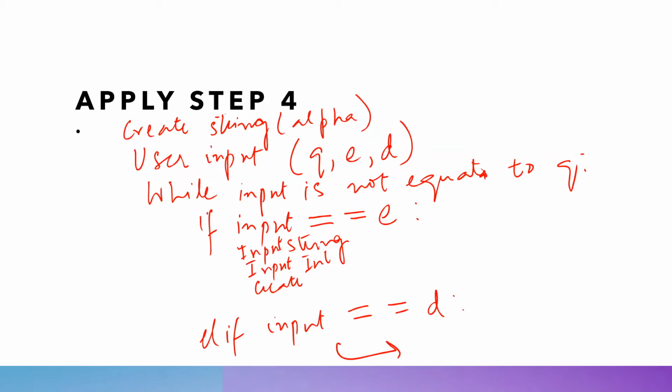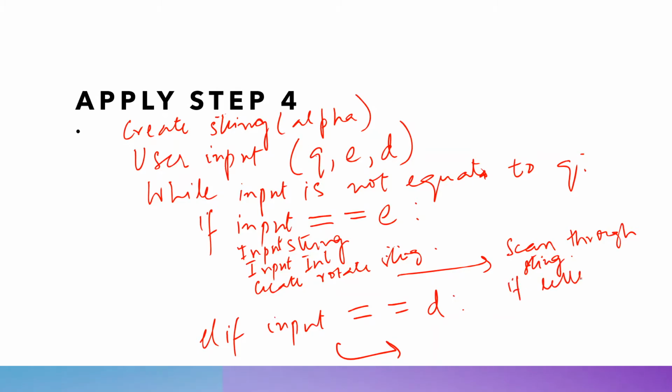create rotated string, right? And check if the letter exists. Scan through the string, right? If letter exists, then do something else.